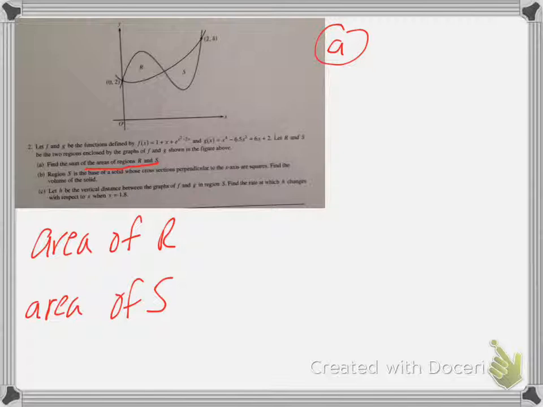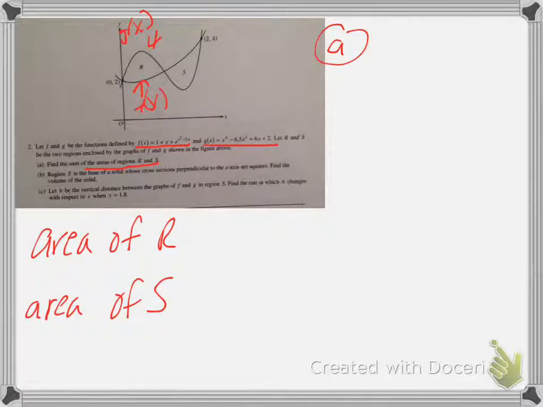Okay, so R and S are both labeled in here, but you have to figure out which function is which. So if you put either or both of these functions into your calculator, you will find that this one that's up here, that's your g of x, and the one that's over here, this one's your f of x.